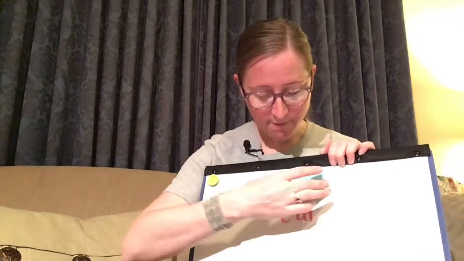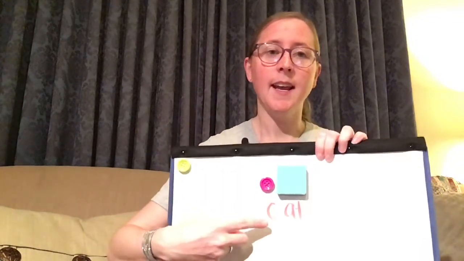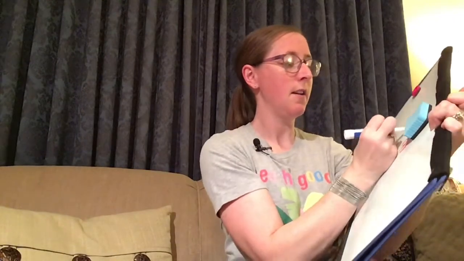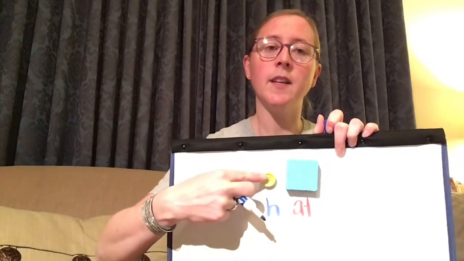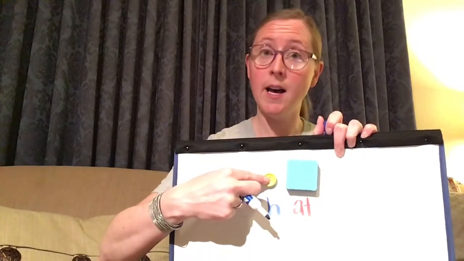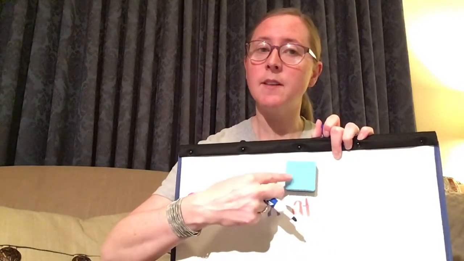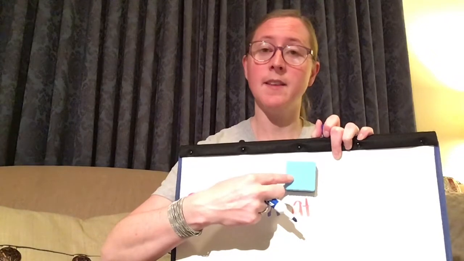So if we have the word cat, now say cat, but instead of k, say h. Notice I'm changing that first consonant sound that you hear. So instead of cat, we change the k to h, and our new word is hat. If you notice, the rime stayed the same.